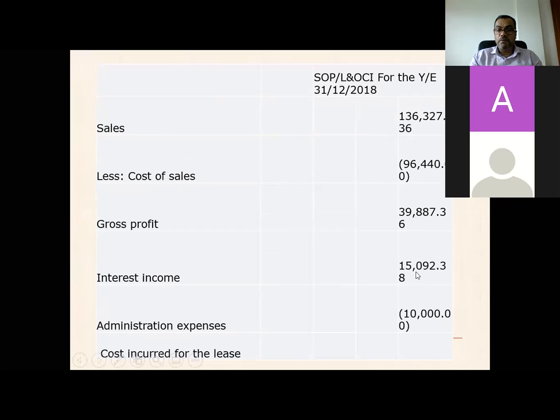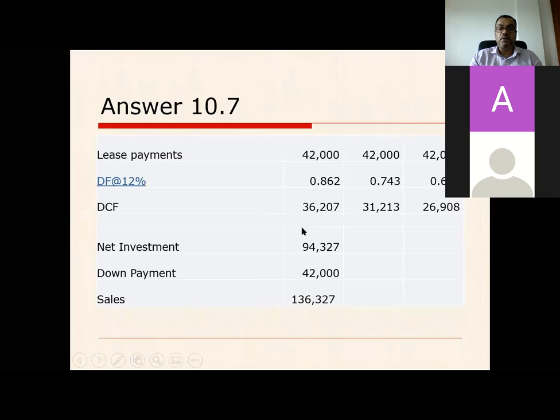So in that particular year, 15,092 is your interest income or finance income. How do you get this amount, 15,000? 15,000 is obtained by applying 12% on this. Your net investment would be 94,000.